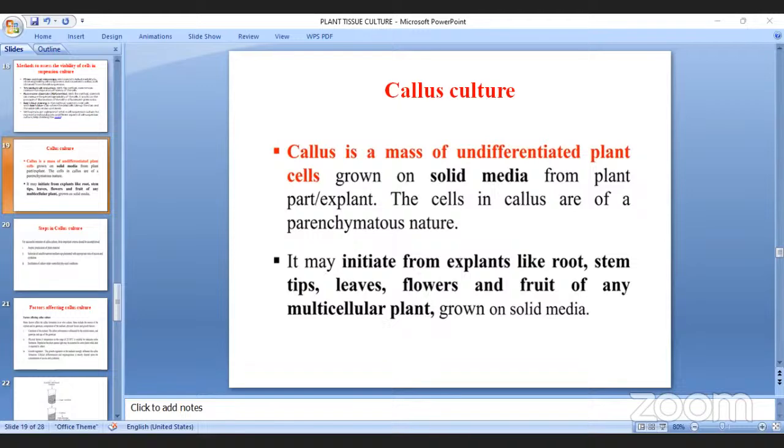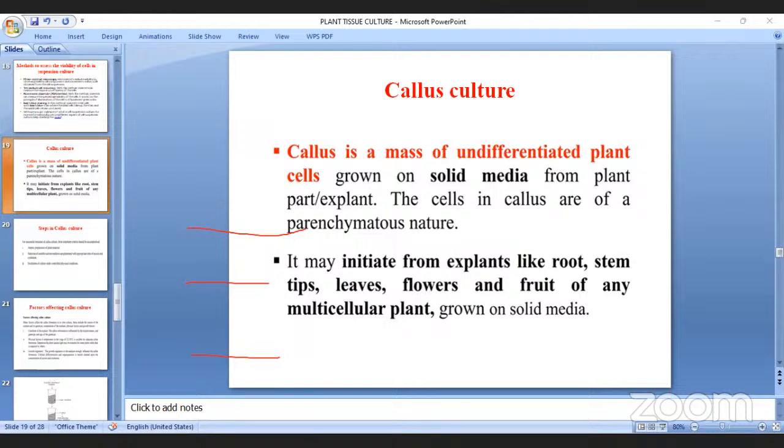Second, physical factor. Third, growth regulator. Already we discussed it just now. Again, first, condition of explant, physical factors, and growth regulators. Right?